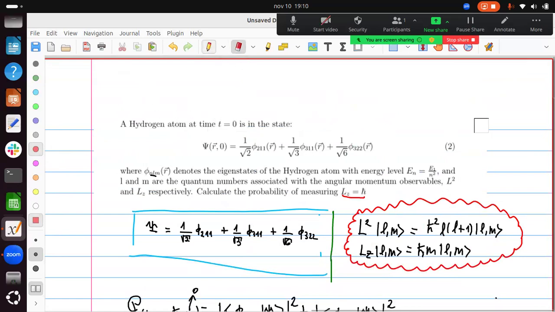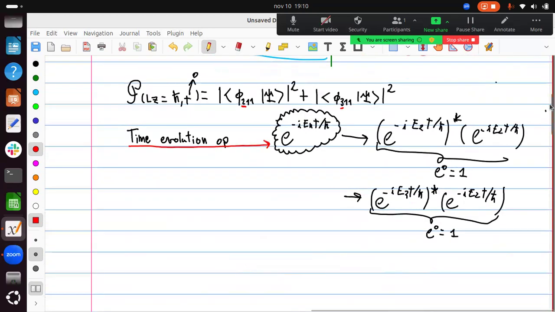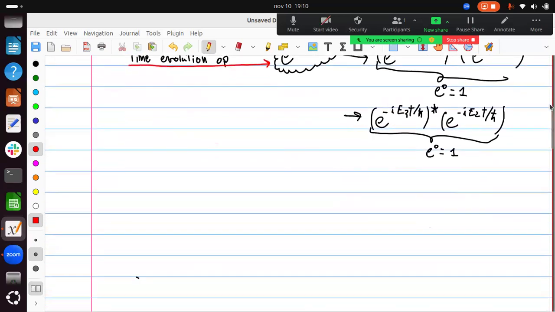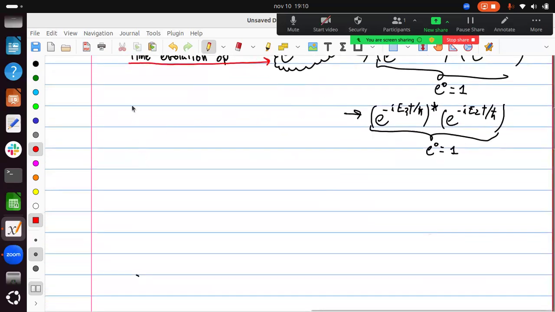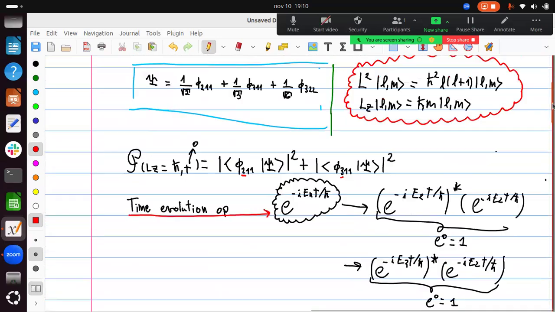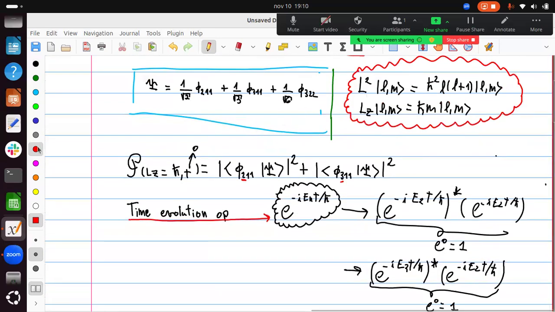These considerations make the problem a bit easier. So we just need to solve it directly using this probability over here.